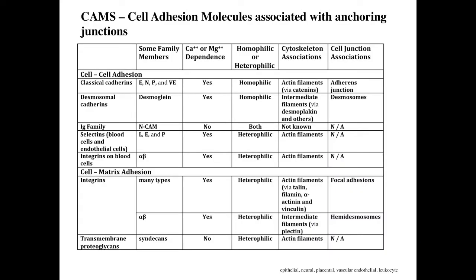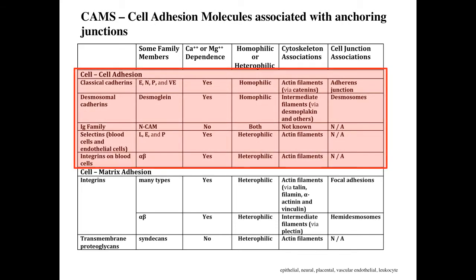Here is a table that shows the various cell adhesion molecules associated with anchoring junctions. I put this up just for informational purposes. We can talk about classical cadherins or desmosomal cadherins, several varieties. There's epithelial, nerve, placental, and vascular endothelial cell cadherins.